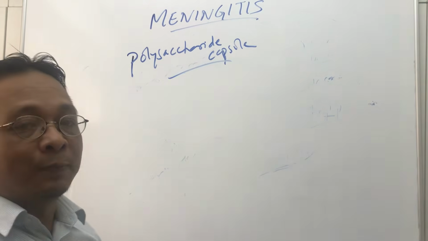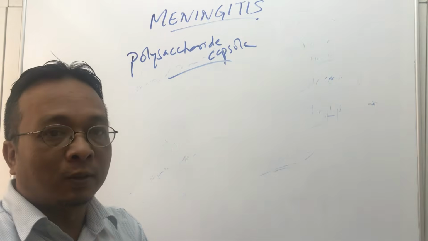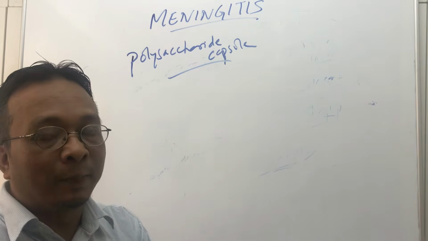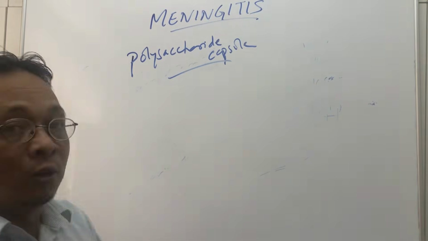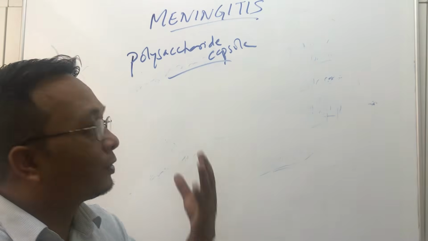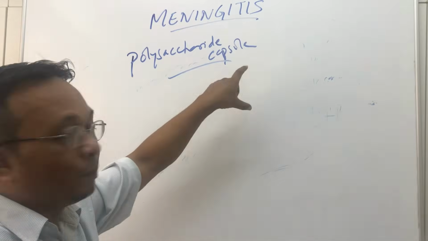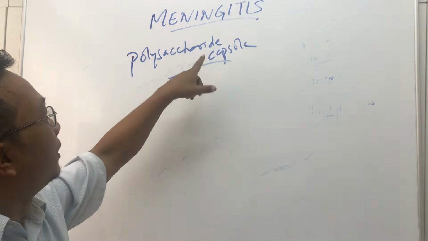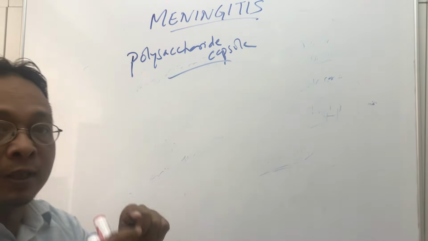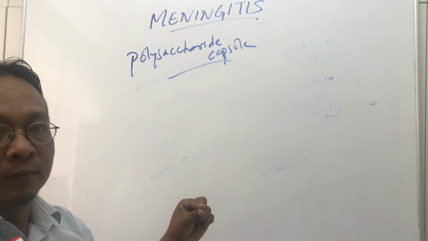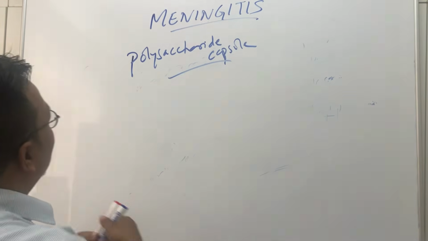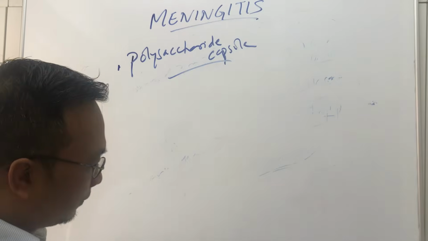It is found most dominantly in gram-negative bacteria, but it is also found in gram-positive bacteria like Streptococcus pneumoniae. This polysaccharide capsule is the outermost layer of the bacteria. Okay, so they have this in common.